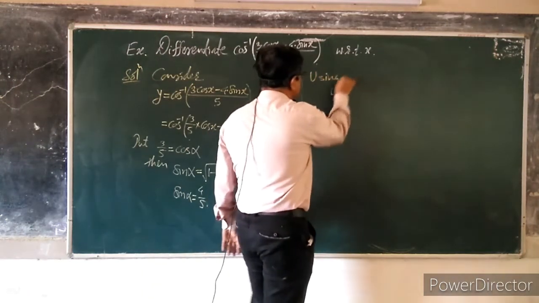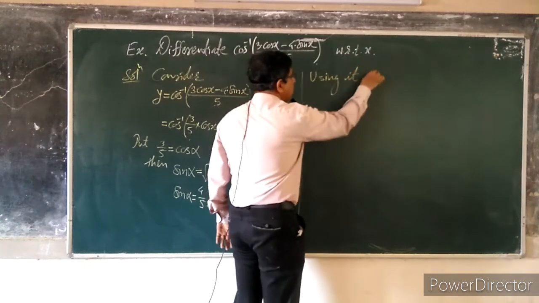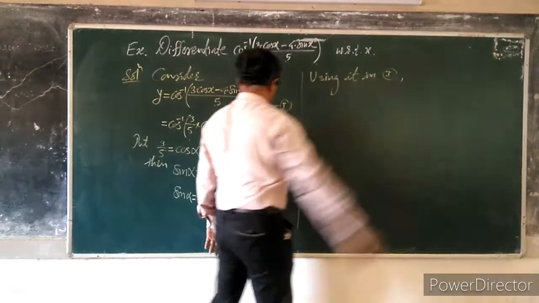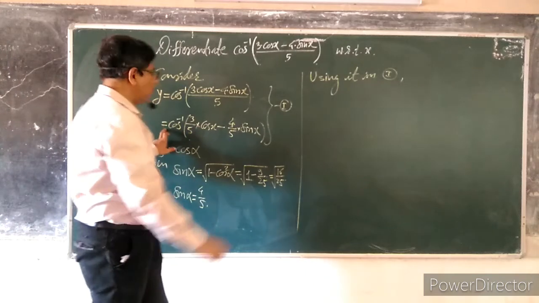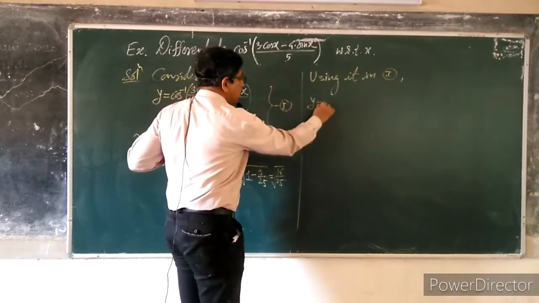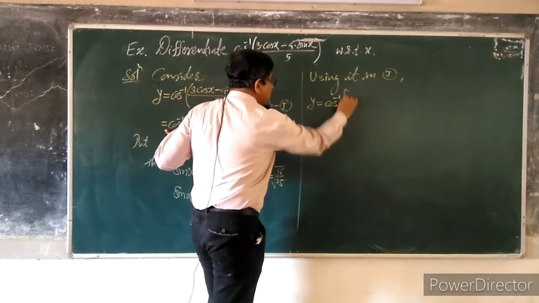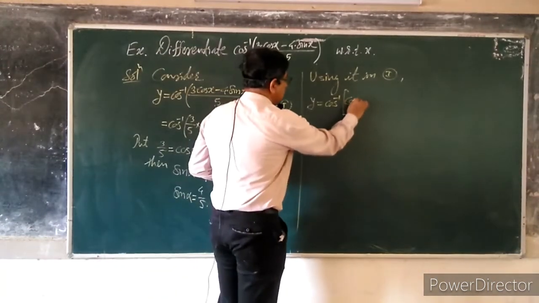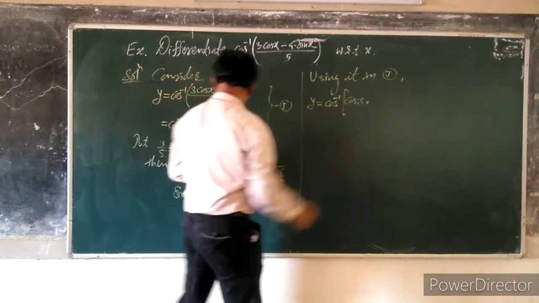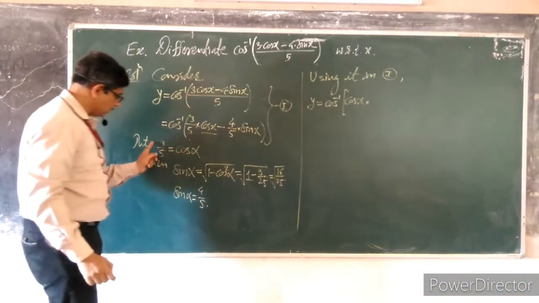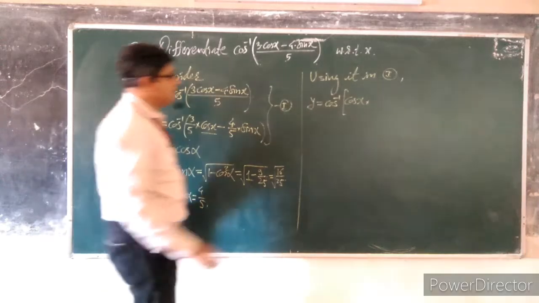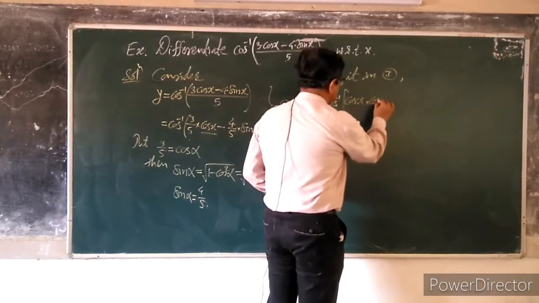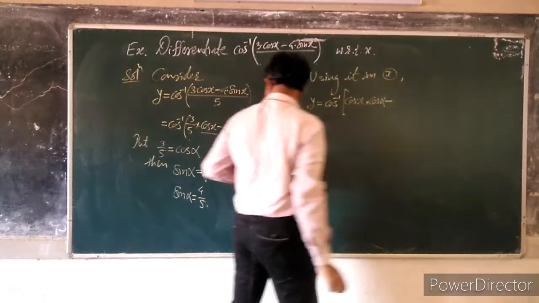Using it in 1, see what we get here now. Y is equal to cos inverse. I'll write this cos x first into, for 3 by 5 we have substituted cos of alpha. So this is cos alpha, minus is there.